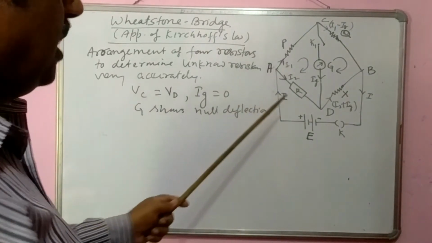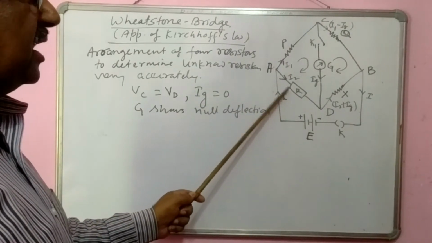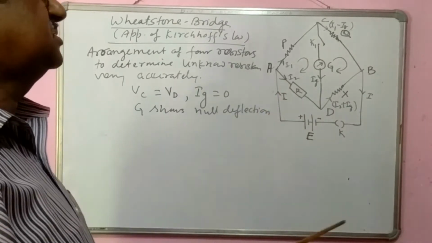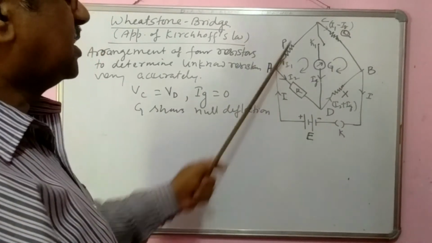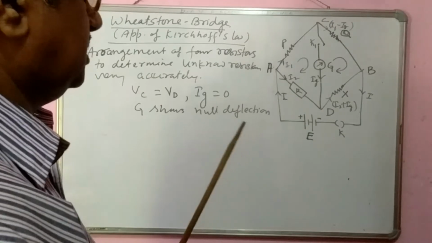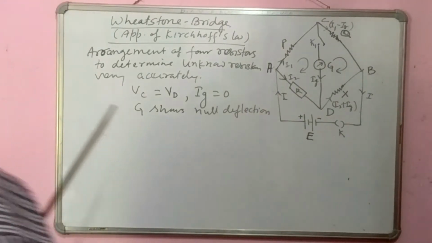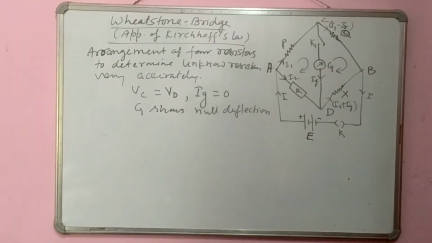Now if we have arranged the values of resistance in such a manner that no current flows through the galvanometer, the galvanometer will show no deflection.